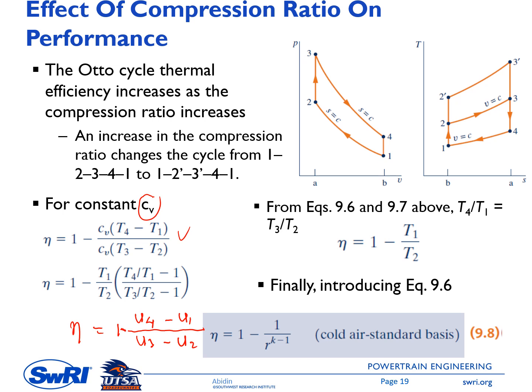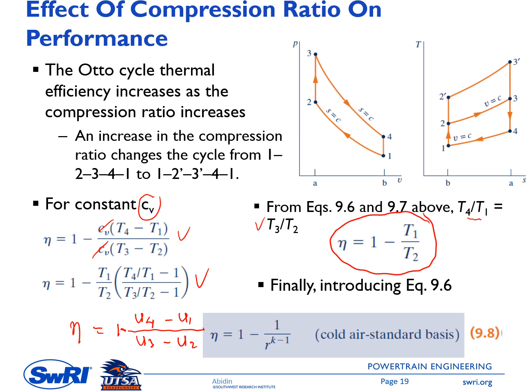Okay, and then we can drop out this Cv, so you will get this formula. And then we know from equations 9.6 and 9.7 that T4 over T1 equals T3 over T2, and then you can simplify the thermal efficiency correlation.